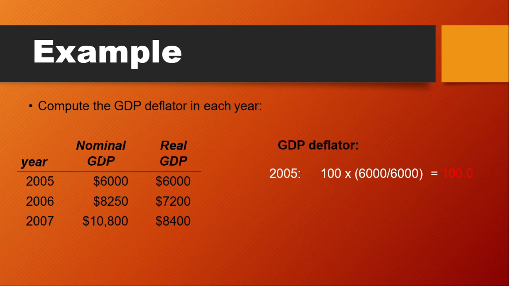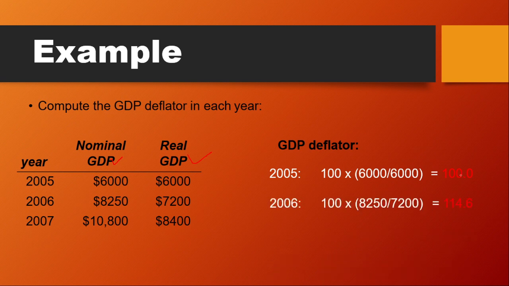You just take your nominal GDP and divide it by your real GDP. And again, the GDP deflator for the base year is always 100. In case you don't know, it's always 100. So that will be 6,000 divided by 6,000 times 100, which is 100.